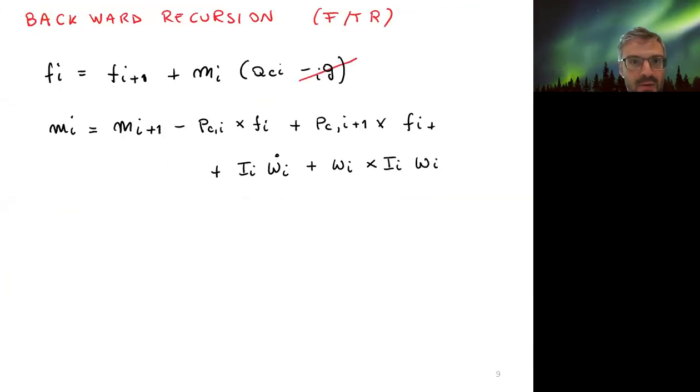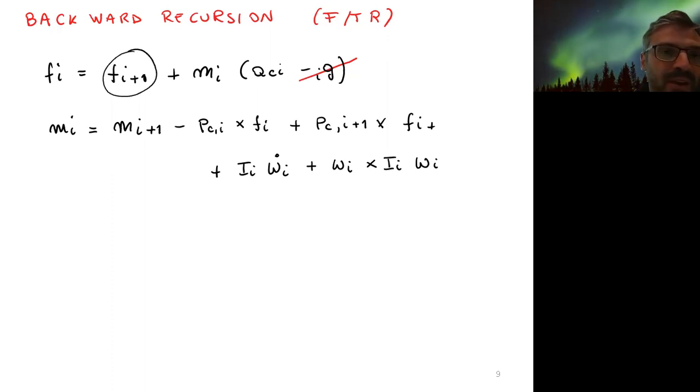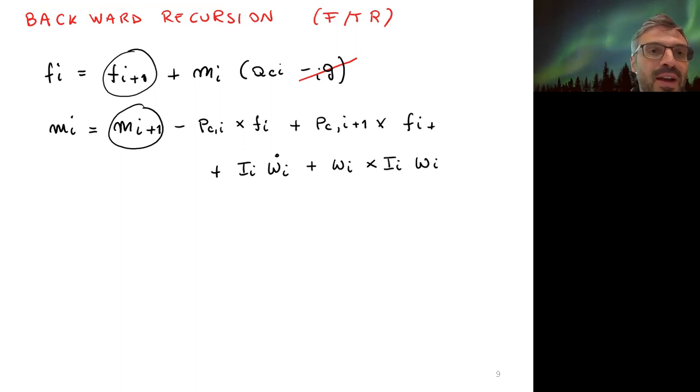Okay, now the backward recursion. We start from the last link, and we go back by recursion, computing the forces and moments for link I, starting from the force and moment coming from link I plus 1, and we just use here the Newton equation.